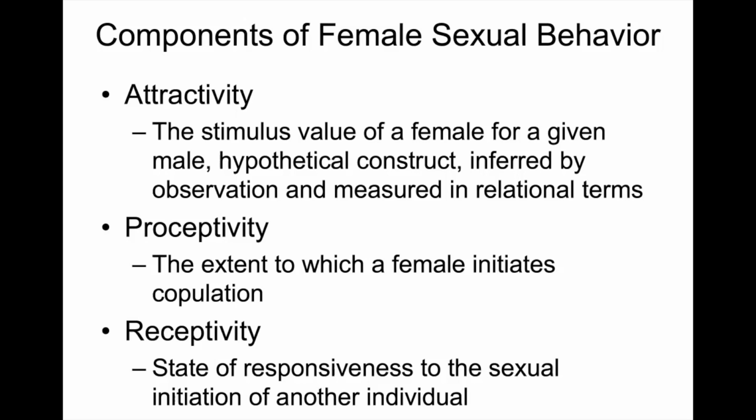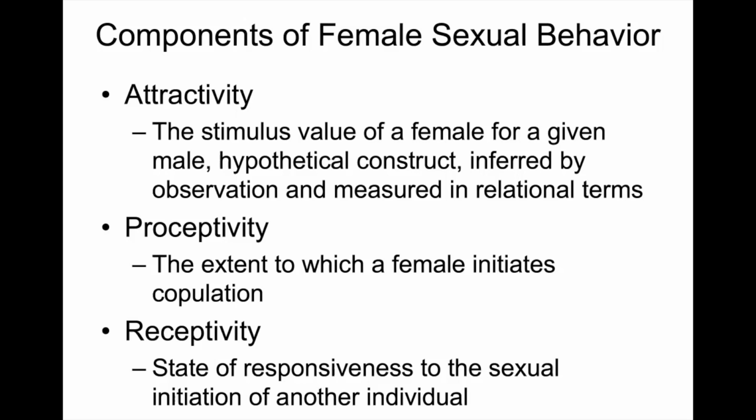So we typically break things down to three components of female sexual behavior: attractivity, the stimulus value of a female for a given male. This is mainly a hypothetical construct and inferred by observation and measured in relational terms. Proceptivity, the extent to which a female initiates copulation.